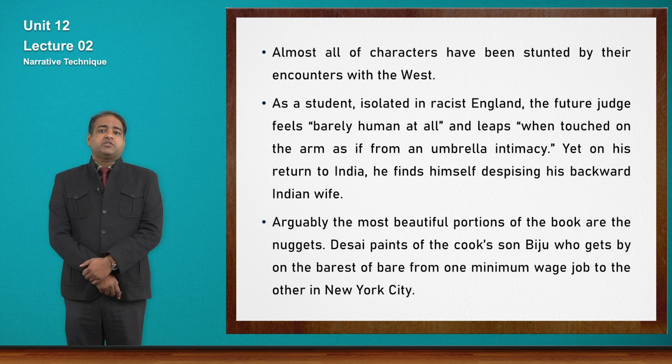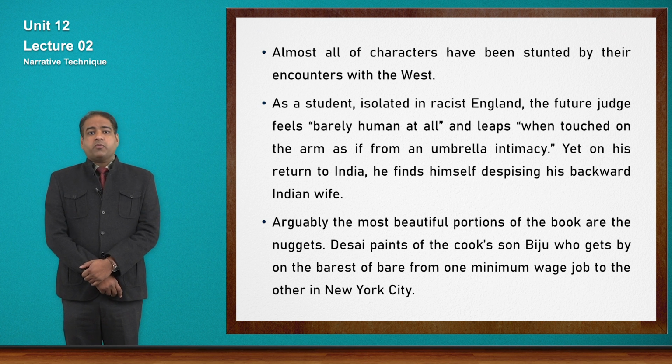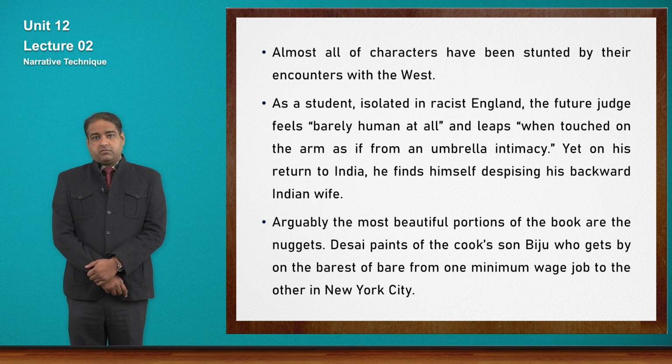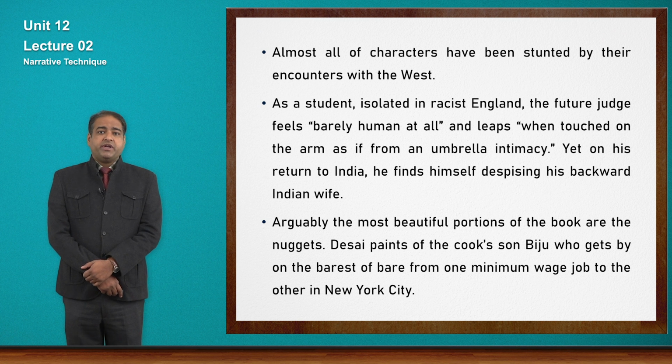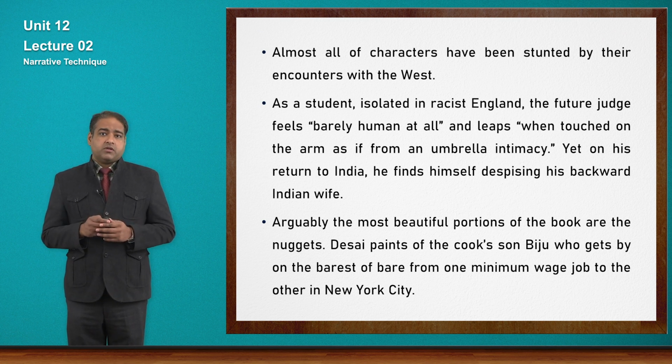As a student isolated in racist England, the future judge feels barely human at all and leaps when touched on the arms as if from an umbrella intimacy. Yet, on his return to India, he finds himself despising his backward Indian wife. So friends, when the Judge went abroad, there was nobody to console him.